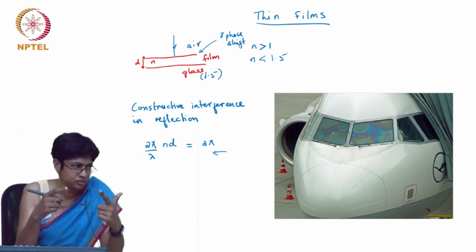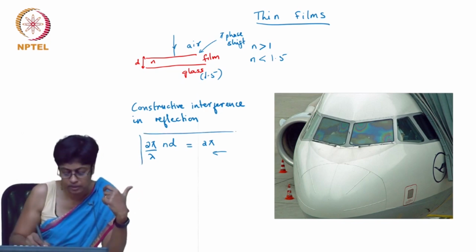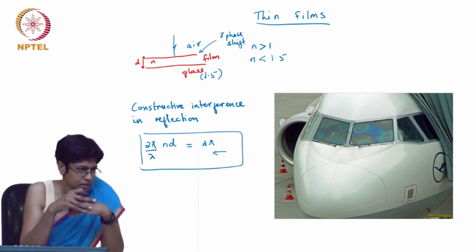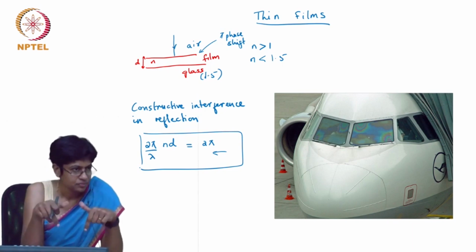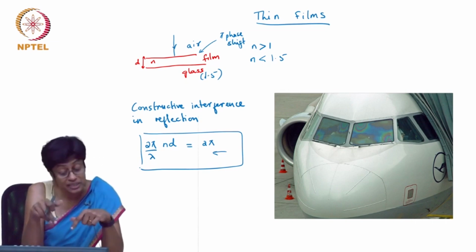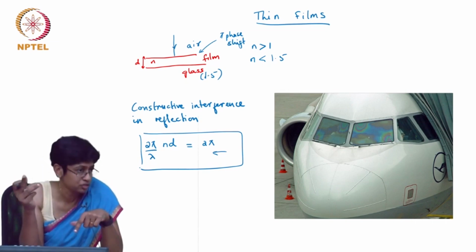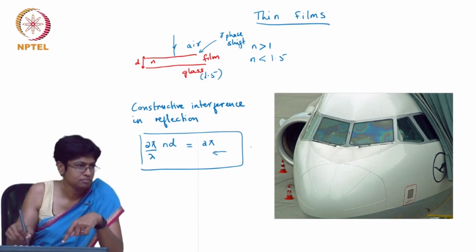So the two phase shifts of pi will cancel out and I have this condition. If, however, n is greater than the refractive index of glass, there is no phase shift that happens there. So I have to take into account that additional phase shift of pi, and I'll actually have an odd number of pi instead of 2 pi.